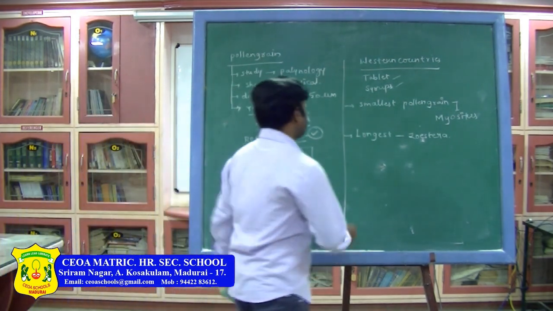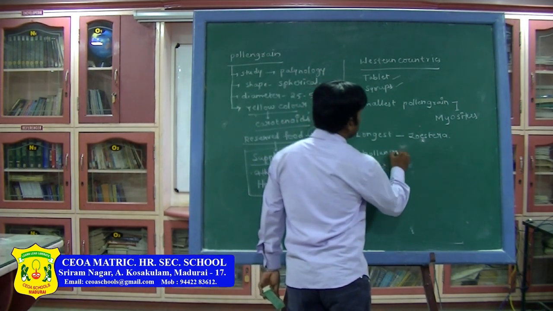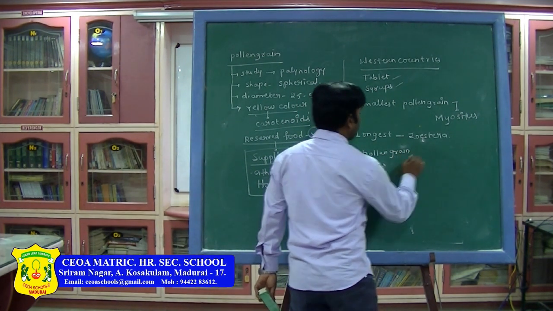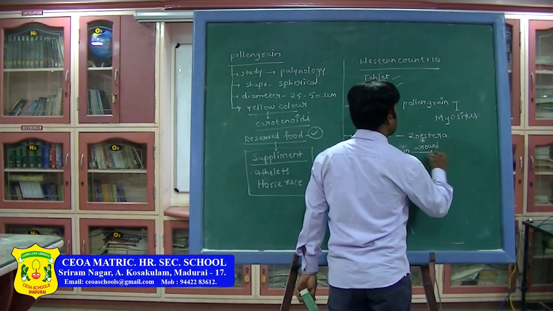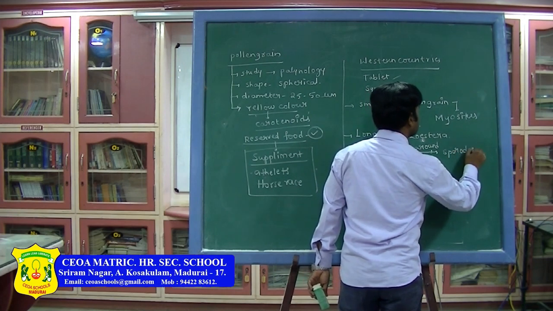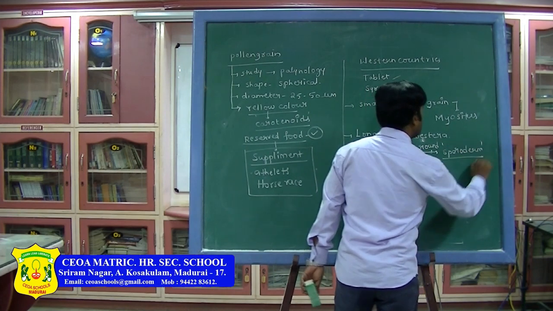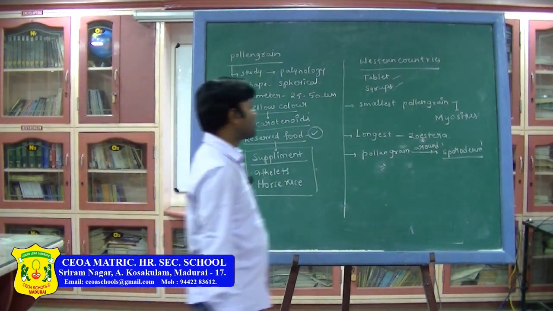Then around the pollen grain, there is a layer-like structure that is called the sporoderm. What do you call the layer present around the pollen grain? That is called the sporoderm.